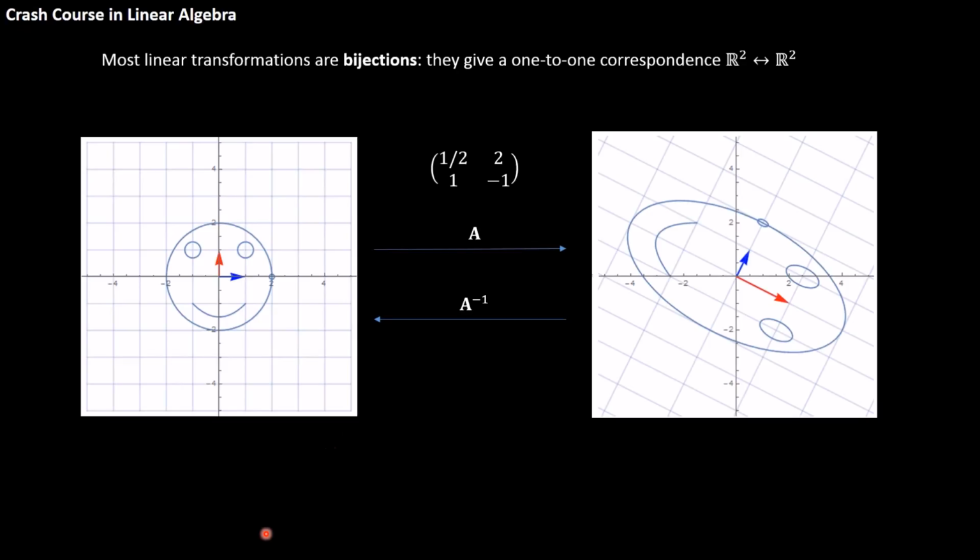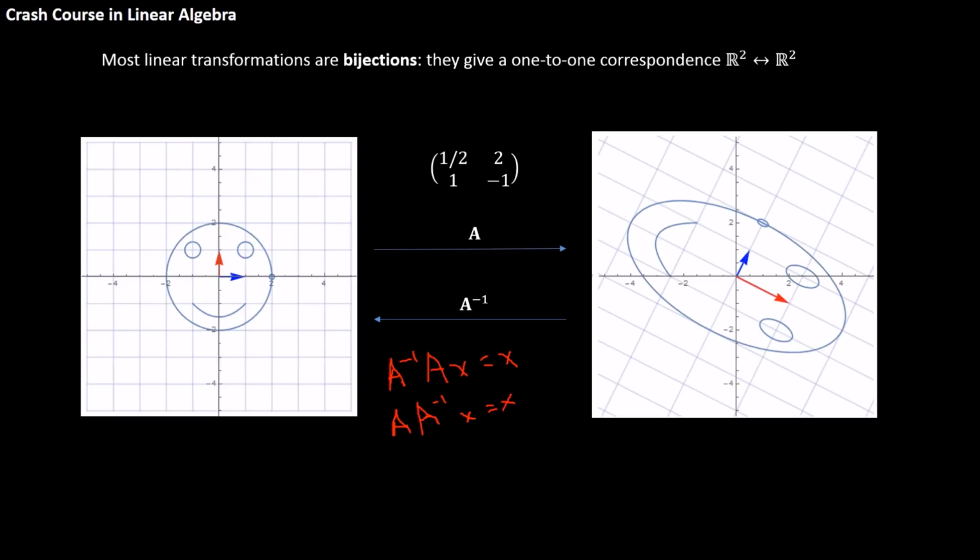So by definition, the inverse map has the property that A inverse of A of x equals x. So that's the defining property of the inverse map, and also similarly A of A inverse of x is x.